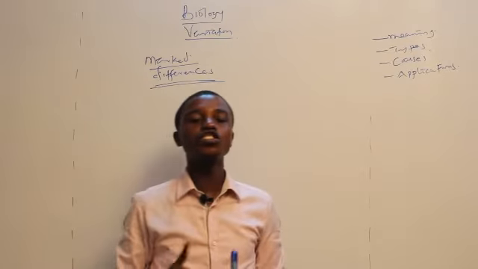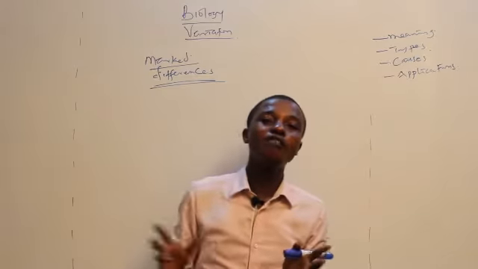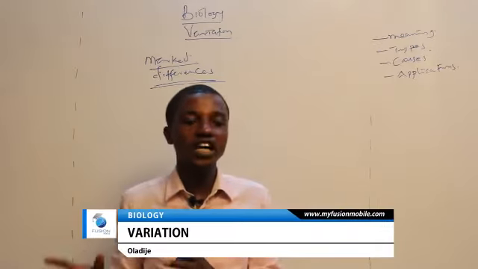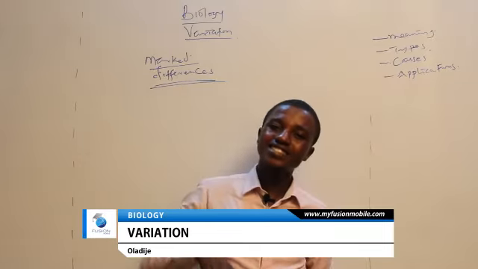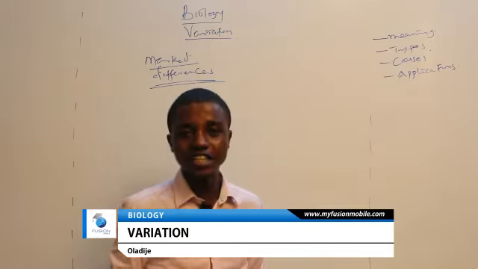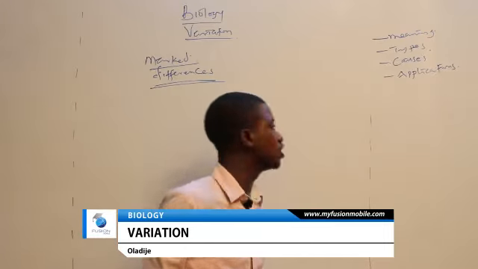Take note, it is actually the number of the same species. The number of black rats only, the number of tilapia fishes only. It's not the combination of rats and tilapia fishes. Are you with me? So the differences that are seen in that population are called variation, the marked differences that are seen in a population.